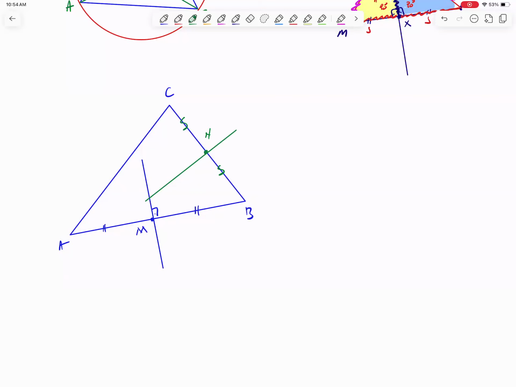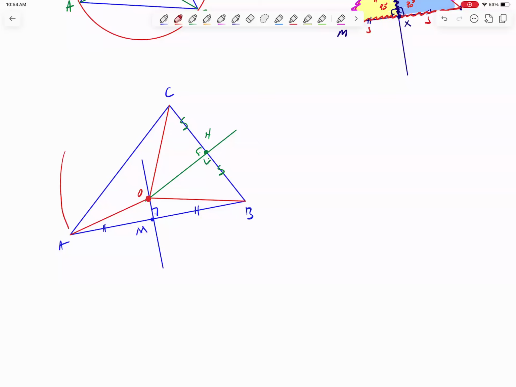They intersect at one point, and this point must be equidistant to corner A, corner B, as well as corner C. Now I can draw a circle. The center is point O. The radius is OA.